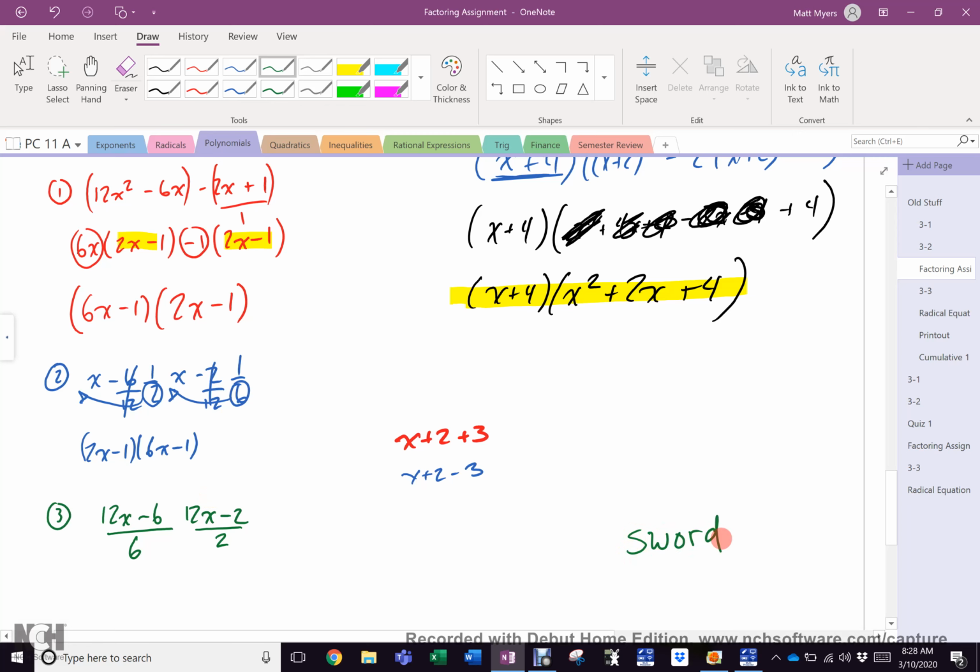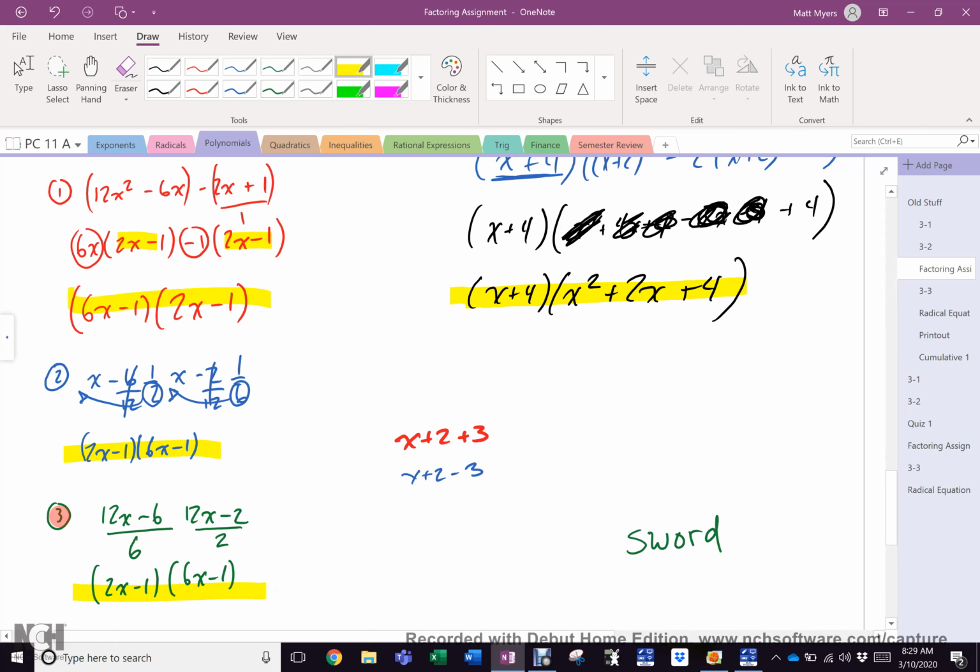There's no reason for it. That's how we spell the word sword. You just have to know it. Okay? So then when you do that, you end up with, of course, 2x minus 1 and 6x minus 1. And you get the same answer all the way down. But you need to know what method you use.